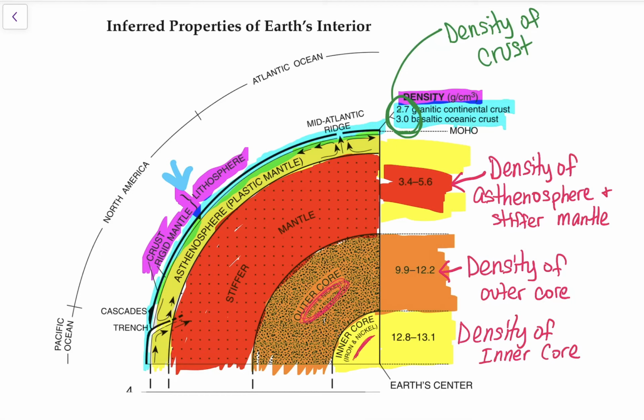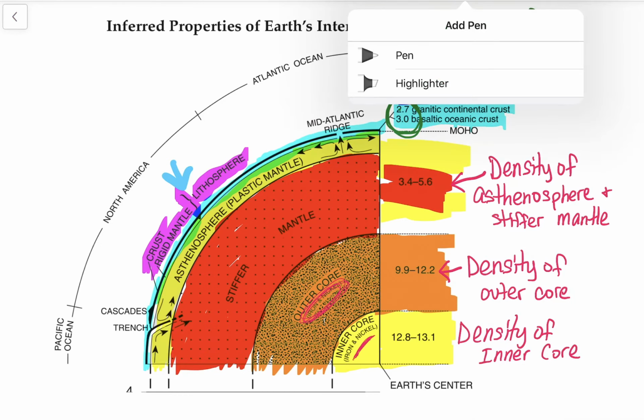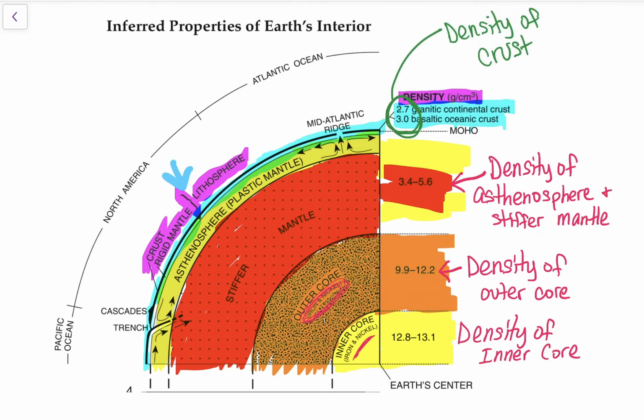One last thing to point out in this video is I want you to take a look at the asthenosphere, which we colored in yellow here. Okay, and if you look right here, there are these arrows. We have some arrows in the asthenosphere.